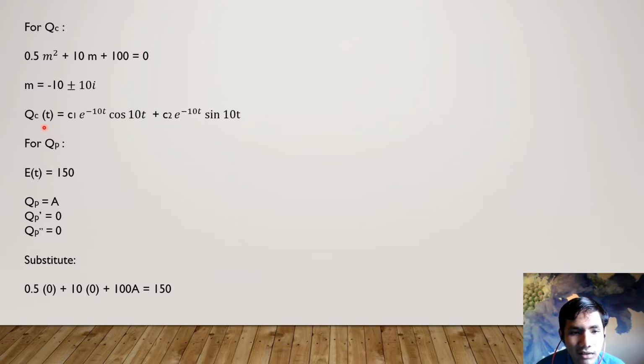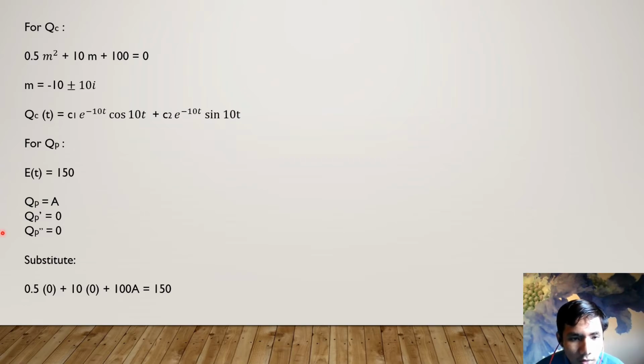After we get Qc, now we will solve for Qp. For Qp, first we need to identify E(t), which is equal to 150. Since 150 is a constant, we use Qp equals A. Then we differentiate, so Qp prime equals 0, and Qp double prime also equals 0.